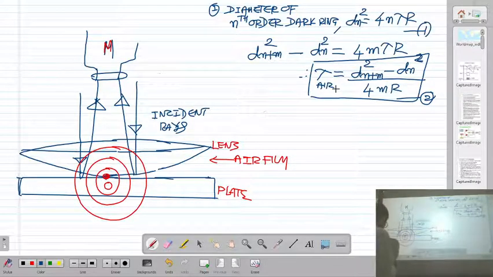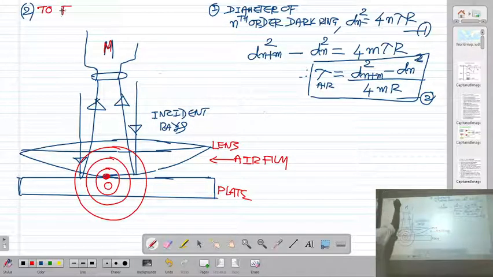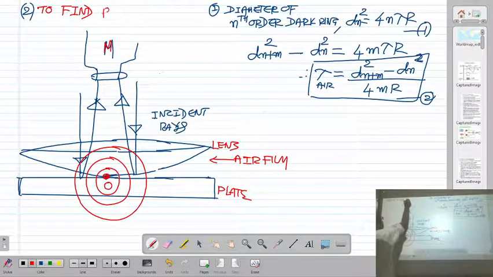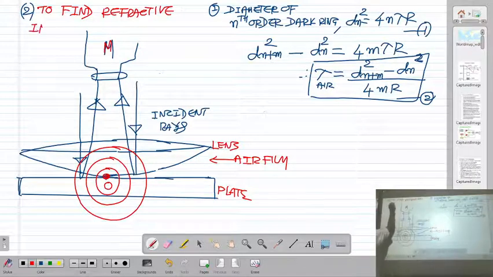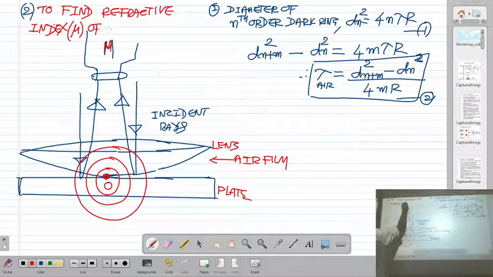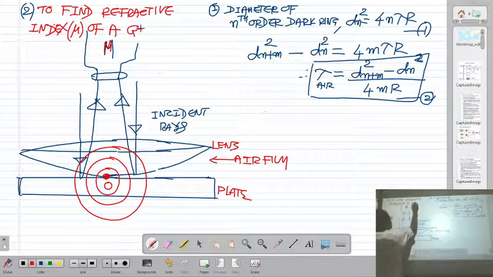Now next, let us discuss the second application. The second application of Newton's ring is to find the refractive index mu of a given liquid.